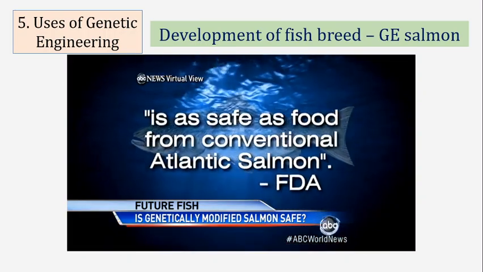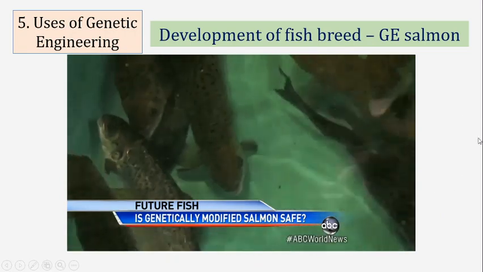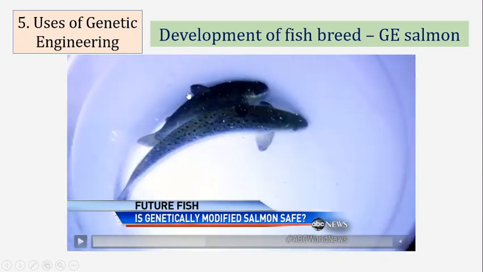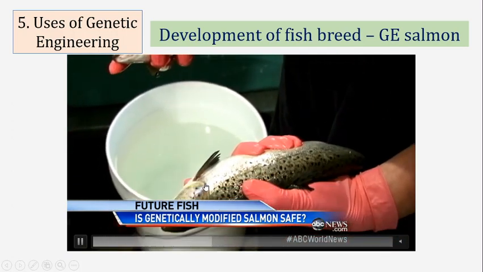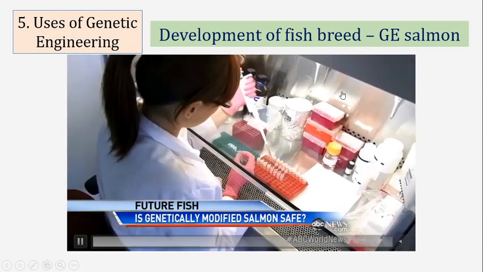And here you see that there are two fishes. The upper one is the normal breed of salmon, and the bottom one, larger in size, is the genetically engineered salmon. That is almost twice the size of the normal breed, of the same age.